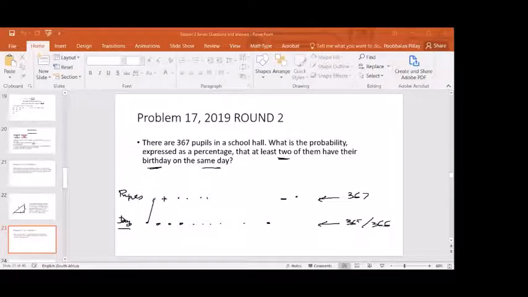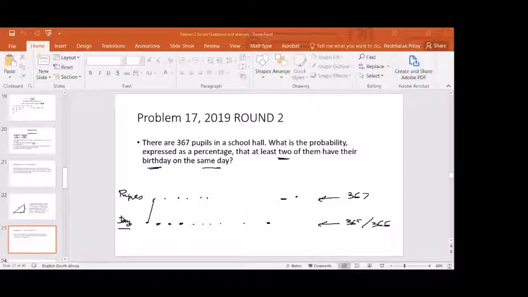Now let's take the next guy. I'm going to take the next fellow, and I'm going to assume now that no two people have the same birthday. I'm going to assume that. So there's an assumption, which I'm going to write down.